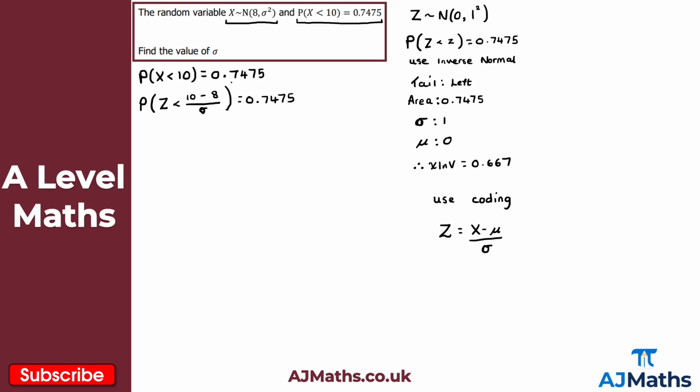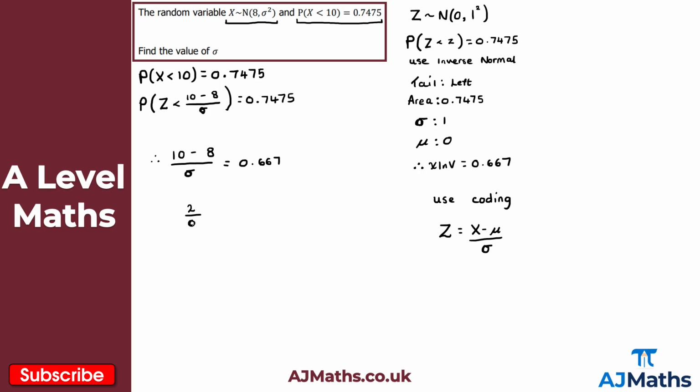So at this point here then, what we've got here is 10 minus 8 over sigma, and that must be equal then to x inverse. Okay, so therefore 10 minus 8 all over sigma, that must be equal then to 0.667. Okay, so all I need to do then is solve for sigma here. So I get 2 over sigma.